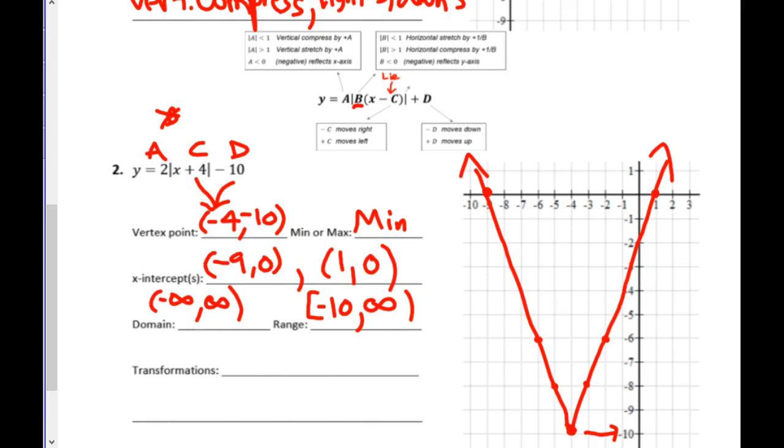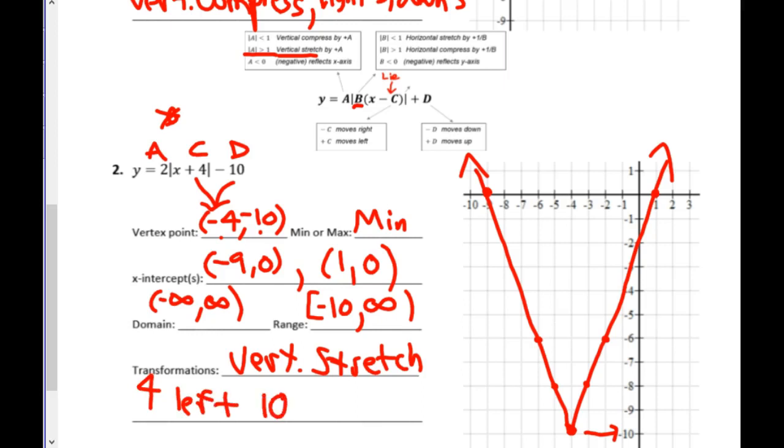Transformations are going to be, if A is 2, that's greater than 1, that's a vertical stretch. And we already said it moves 4 to the left, 10 down. 4 left, and 10 down. There's no B, so it doesn't do a horizontal stretch or compress.